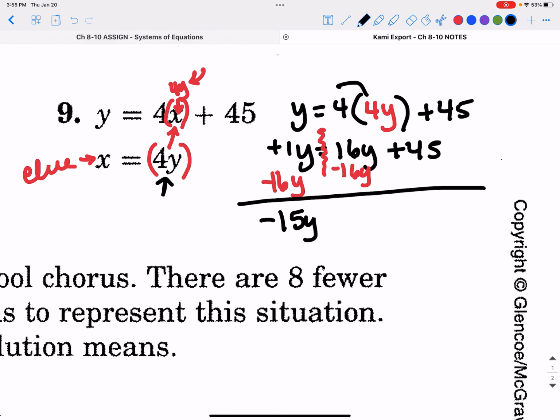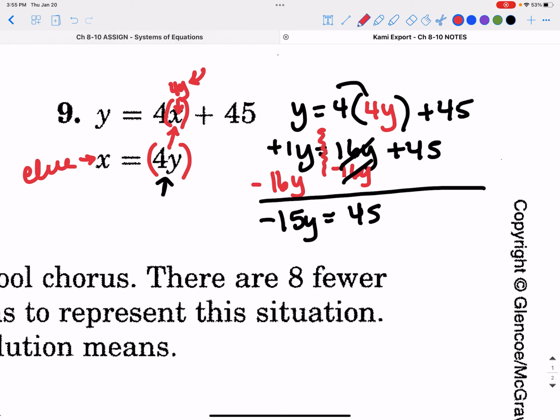When the signs don't match, you subtract. I'm going to clean this up just a little bit so it doesn't look so weird here. There we go. When you subtract, if you're negative 16 and you only come up 1, you're still negative 15. Okay? And then that is now gone, which is what I wanted, plus 45.